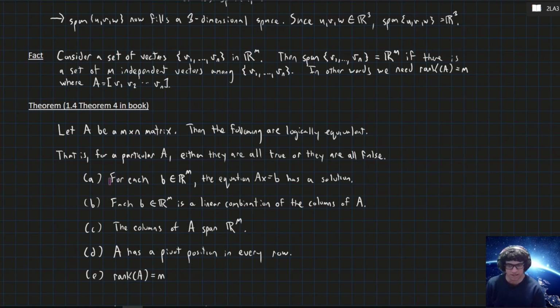The first thing is that for each B in Rm, the equation Ax equals B has a solution. The second thing is that each B in Rm is a linear combination of the columns of A. So we know from talking about linear combinations and examining this equation that these two are the same thing, right?